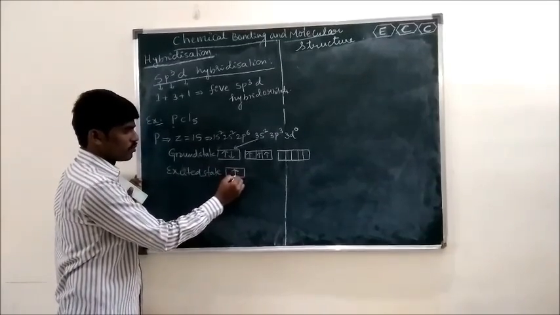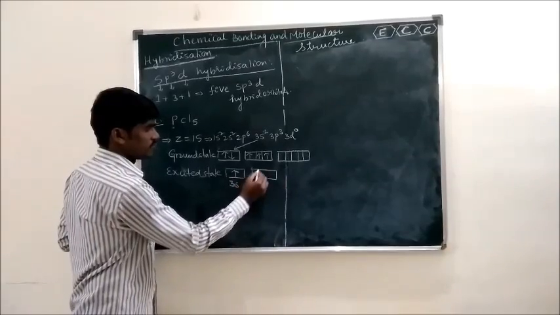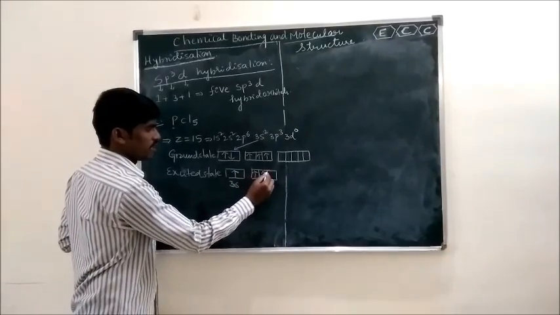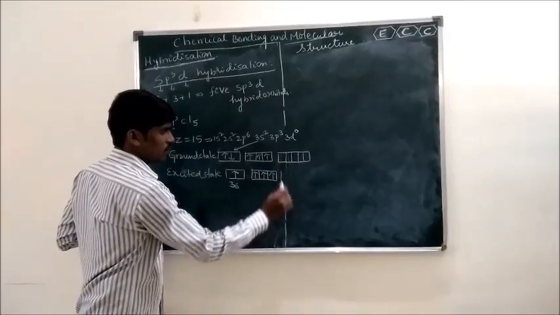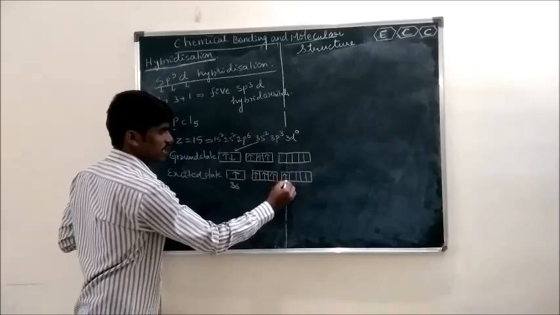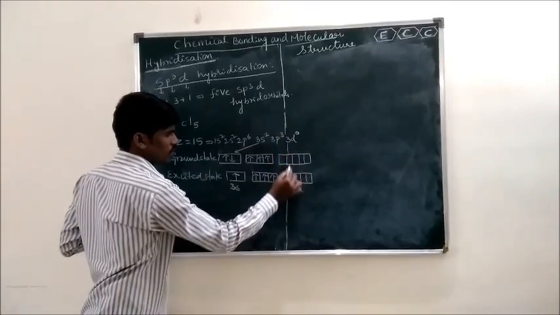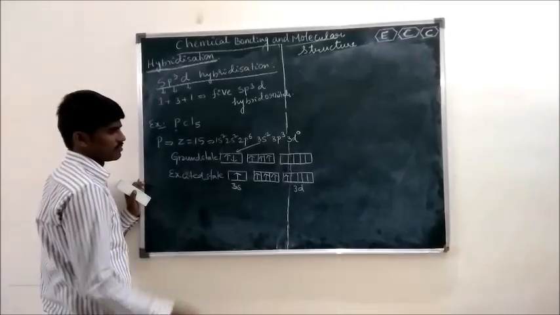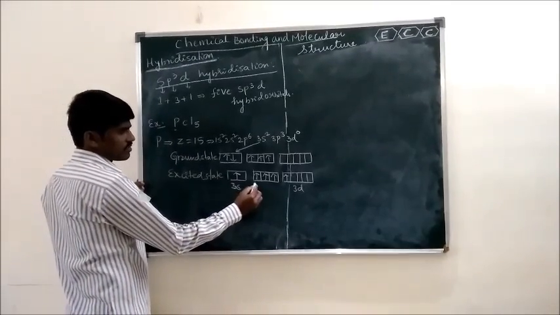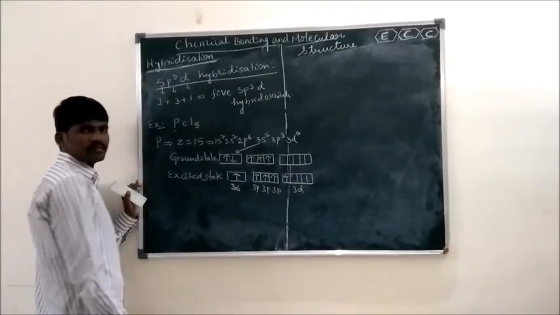So it will become 1 in 3s, 3p remains same, 3 unpaired electrons, and 1 electron is promoted to 3d. Total, if you observe it, 5 unpaired electrons are there. 1 is in 3s, 3 are in 3p, and 1 is in 3d.